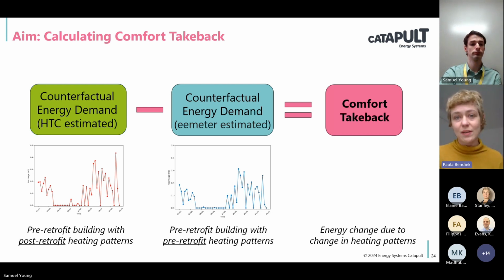And the second one is one where we do take into account the internal temperature, and this is the physics-based methodology. By subtracting my physics-based methodology from the EEMeter counterfactual, we can estimate the comfort take-back.